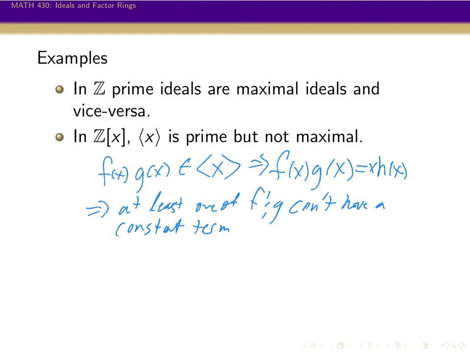Because if they both had non-zero constant terms, then their product would have a non-zero constant term, and so you couldn't factor an x out of all of it. Whichever one has no constant term, let's just assume that f has no constant.